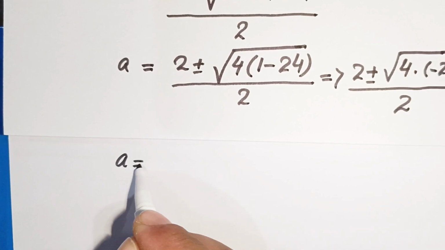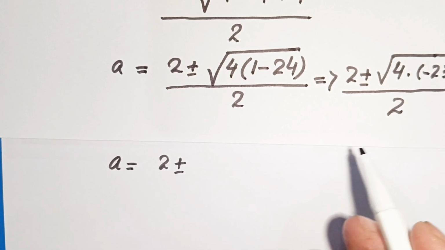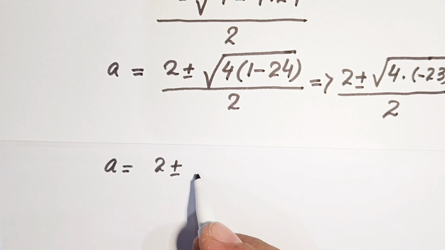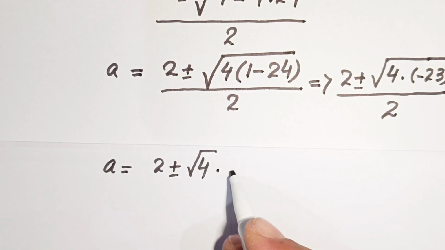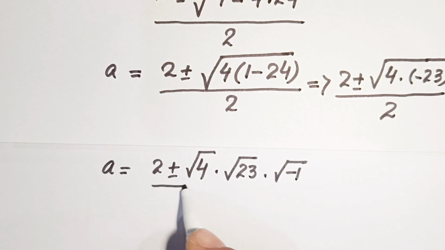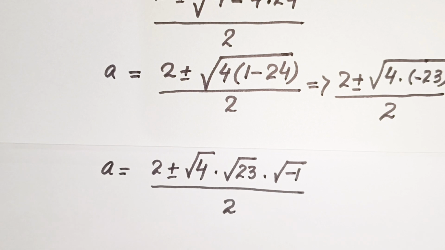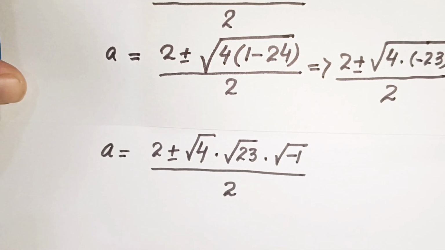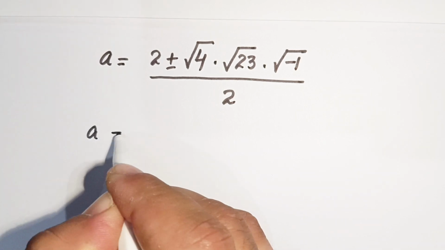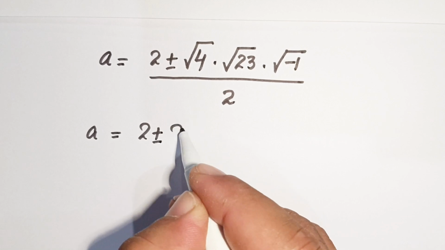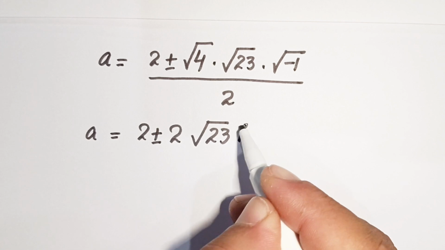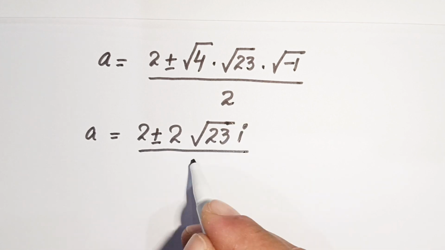So a is equal to 2 plus minus, if we write this 4 and minus 23 separately under the square root, we have square root of 4 times square root of 23 times square root of minus 1 all over 2. Then a is equal to 2 plus minus square root of 4 is 2, and square root of 23, and square root of minus 1 is equal to iota i, all over 2.